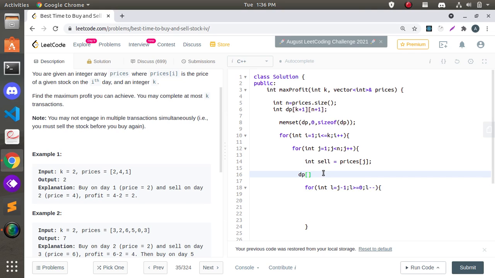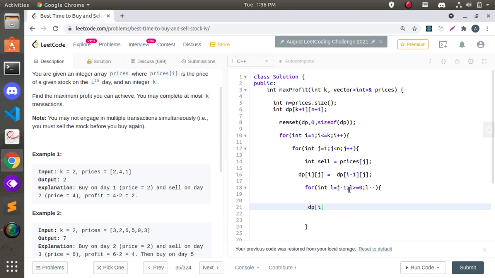Let's suppose at the ith transaction and the jth place, we can just ignore that part. So we go to the i minus 1 transaction and use that value, but we have to maximize it.